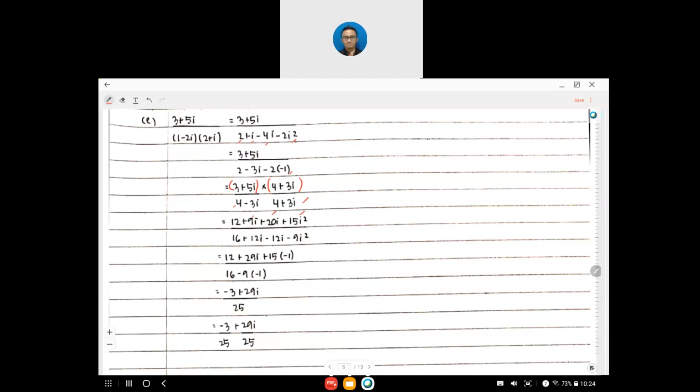So we know that i squared is negative 1. So it becomes 12 minus 15, which is negative 3. And then 29i. Okay, and then put in the form a plus bi, so you can get negative 3 over 25 plus 29i over 25. That one is for question 3.